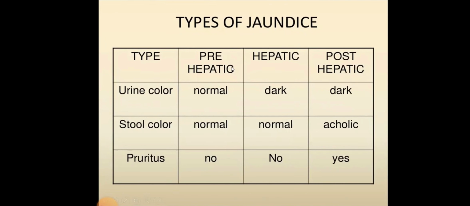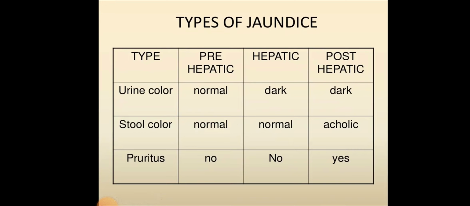So in prehepatic jaundice, the urine color will be normal, in hepatic it will be dark, and in post-hepatic it will be dark. Why is it dark in hepatic and post-hepatic? We already said that in prehepatic there will be unconjugated bilirubin, right?